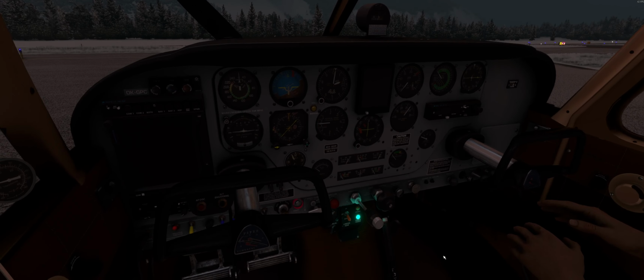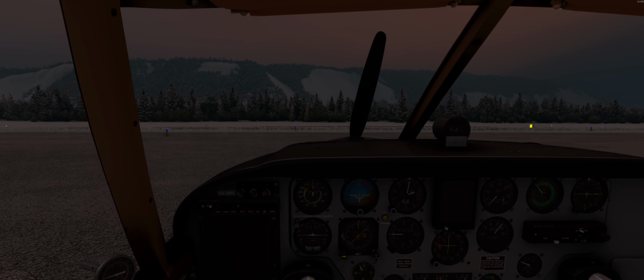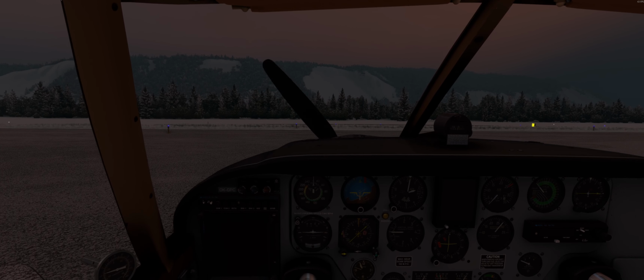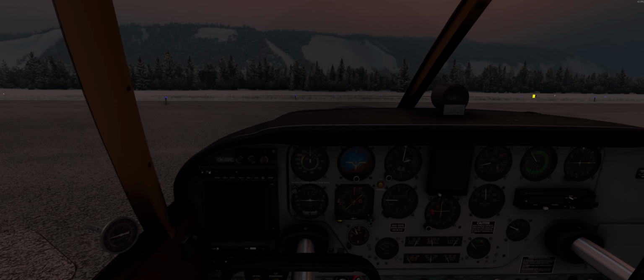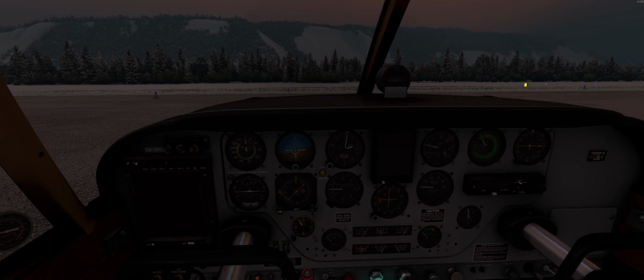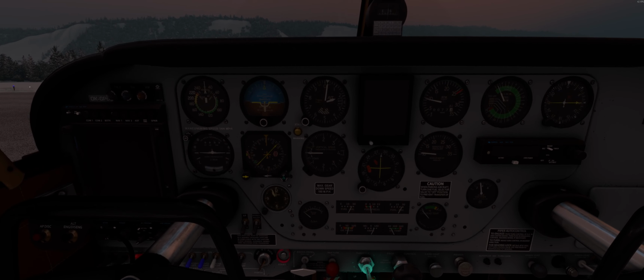So pure prop. Yes. Go. Nice. Oil pressure is in the green. Very good.